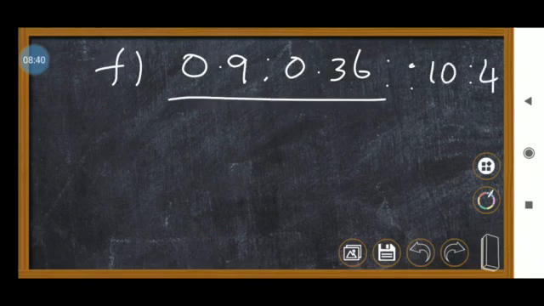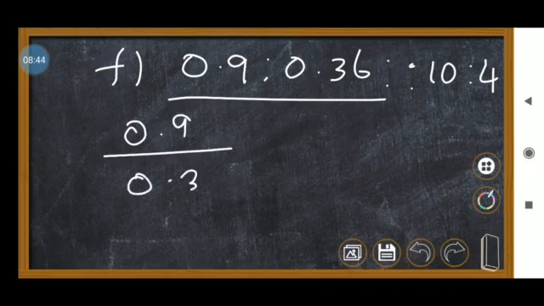First we have to take this number, 0.9 divided by 0.36. Sir, how do we have to divide? Okay, anyway, see, 0.9 divided by 0.36.